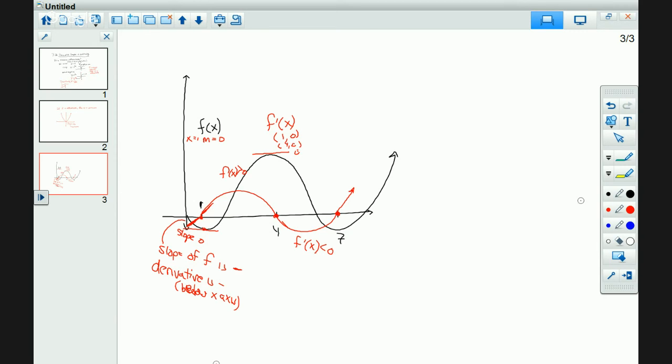So people get confused with this. We're not actually figuring out the slope. We're not graphing the tangent lines. If I graph the tangent lines, it might look like this. Right? At any spot, those would be tangent lines.